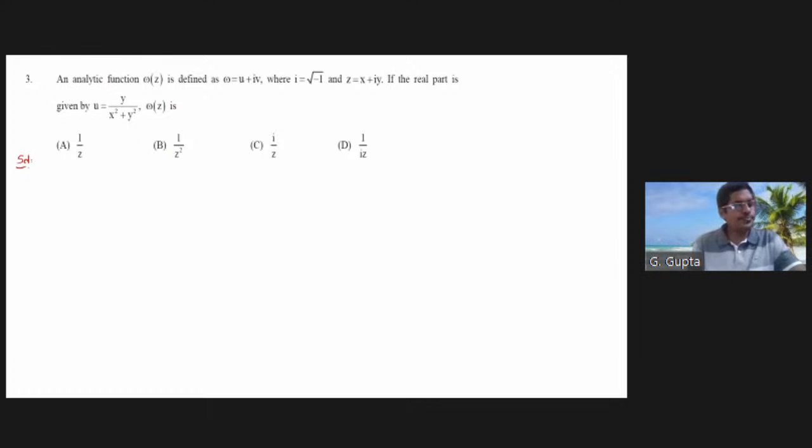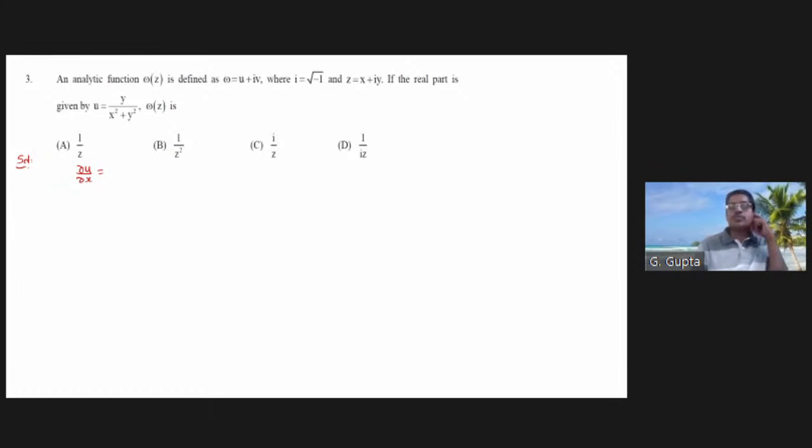Solution. First, for the given u, find both partial derivatives, ∂u/∂x and ∂u/∂y.